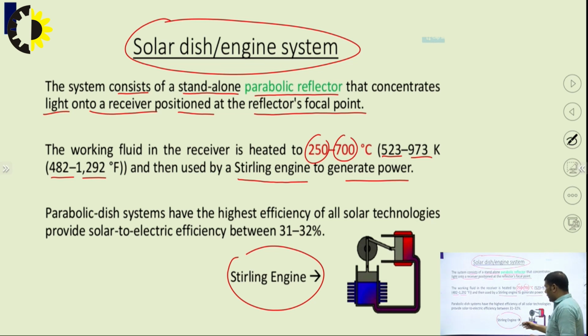I am not going to go into the Stirling engines in detail. This is the basic working principle of the third type of solar thermal power system used for electricity generation, and all these methods are renewable energy systems. So we can produce our power according to our requirements.